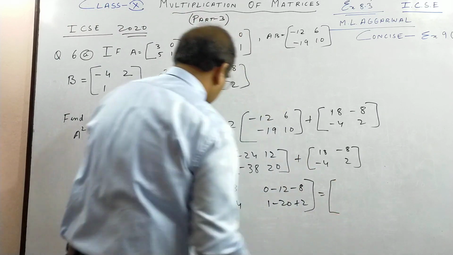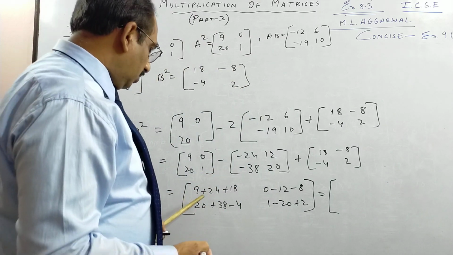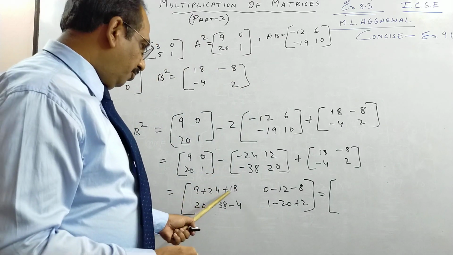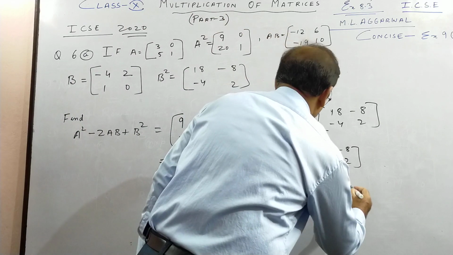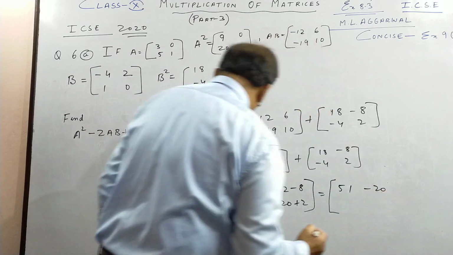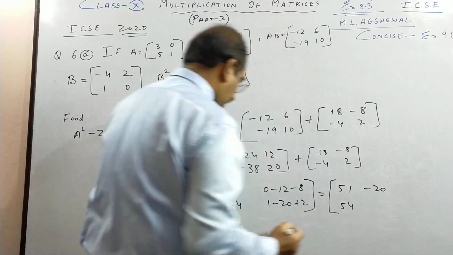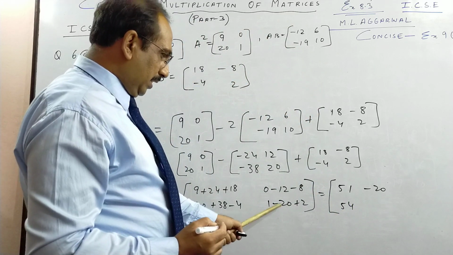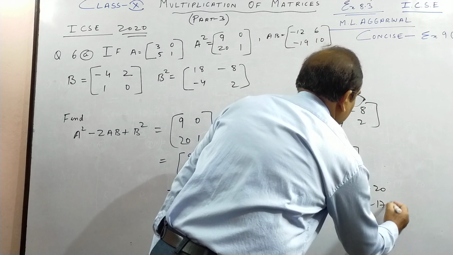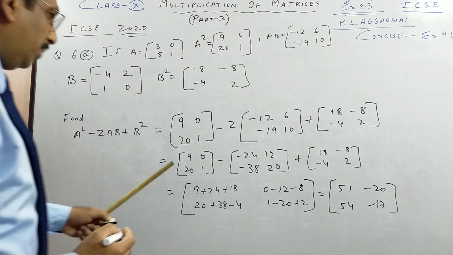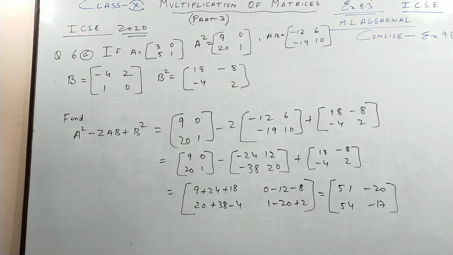If you see nicely, we'll check again. This gives you 42 plus 9, 51 minus 20, this is 54, and this is minus 17. We will check again. Please see and add and check whether we are getting the same.